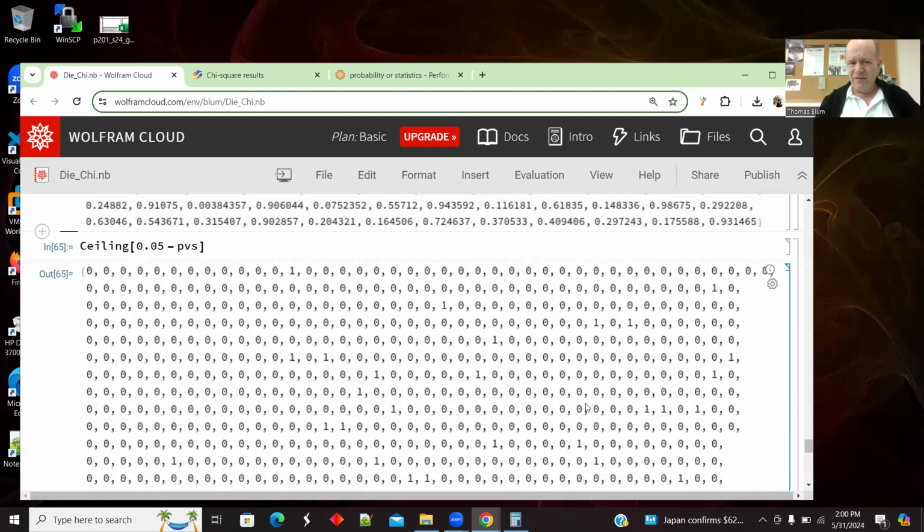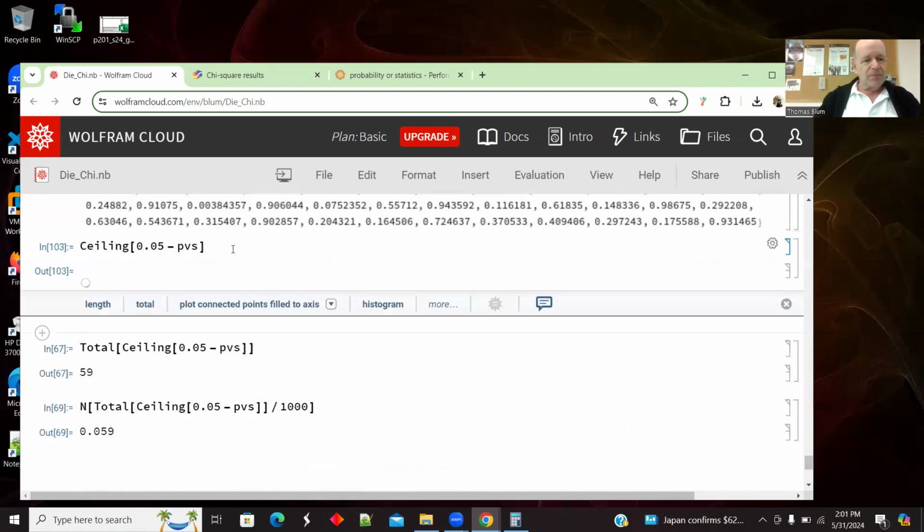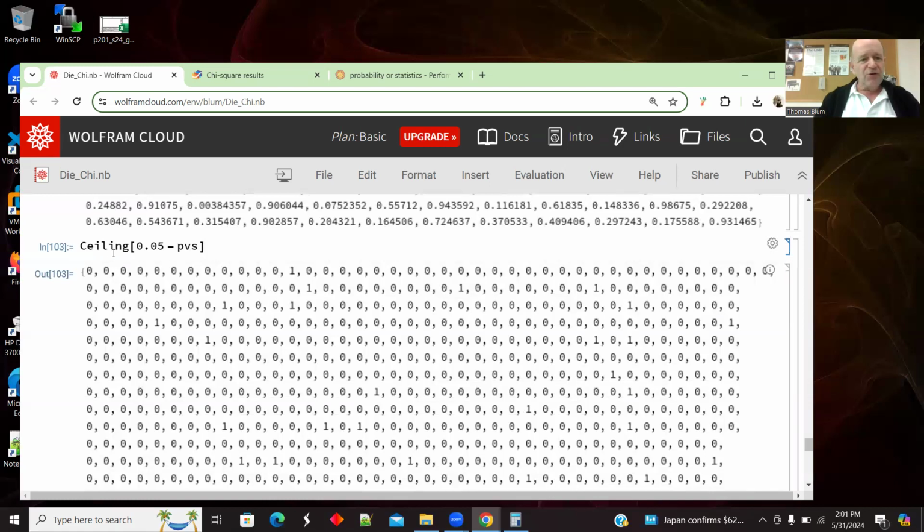But if the p-value was less than 0.05, the criterion for rejecting the null hypothesis, then 0.05 minus the p-value will be a positive number, and the ceiling of it will be 1. So I'm going to get a bunch of zeros and ones, and my ones will correspond to the suggestion that I should reject the null hypothesis. It's mostly zeros, but there are some ones in there.